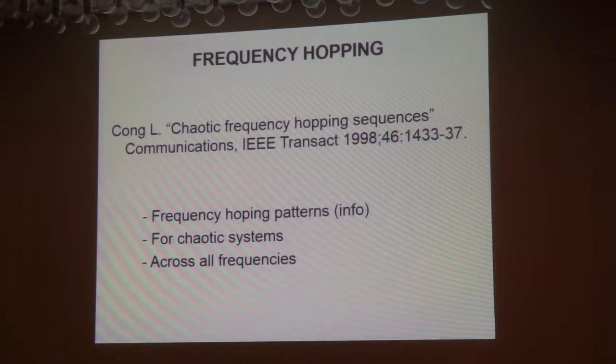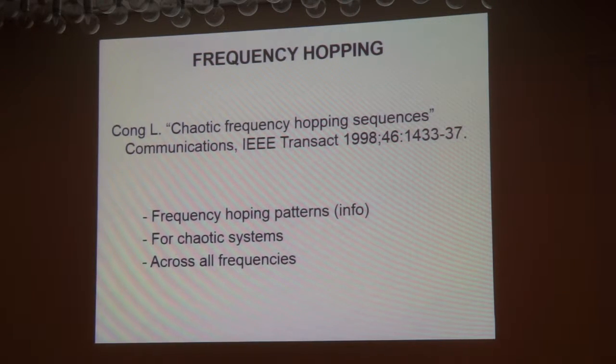But the point being that frequency hopping makes it difficult to get quantitative data. So in order to get quantitative data, the way I analyze the tracings that I get is by measuring the probability of a spike occurring at a particular frequency.